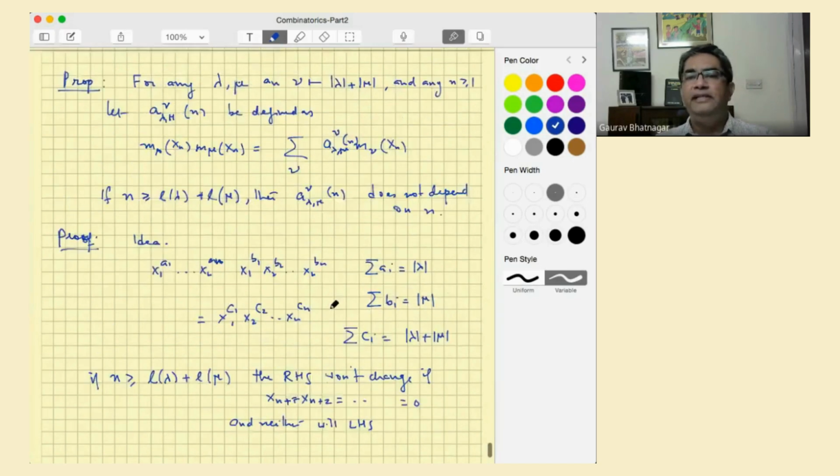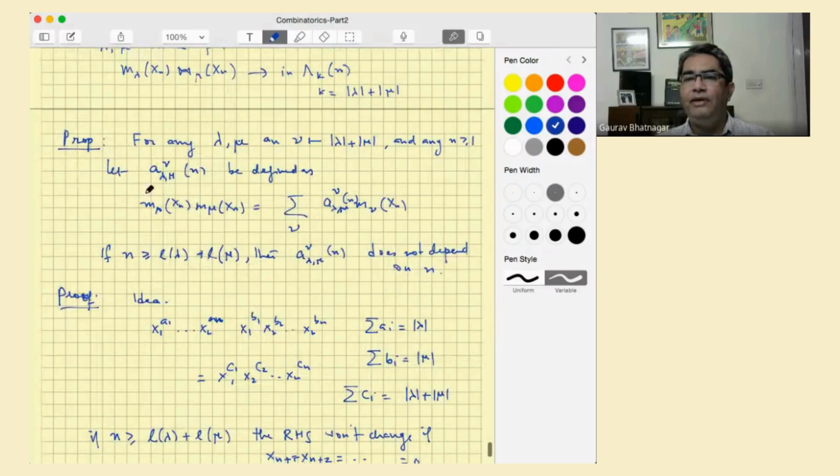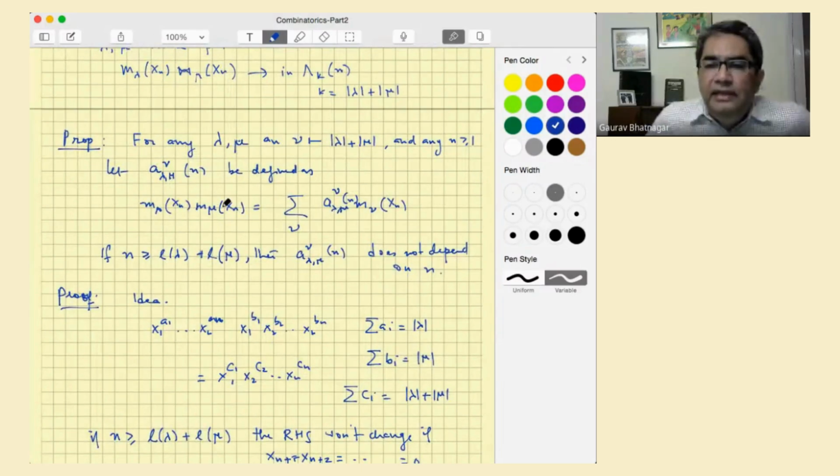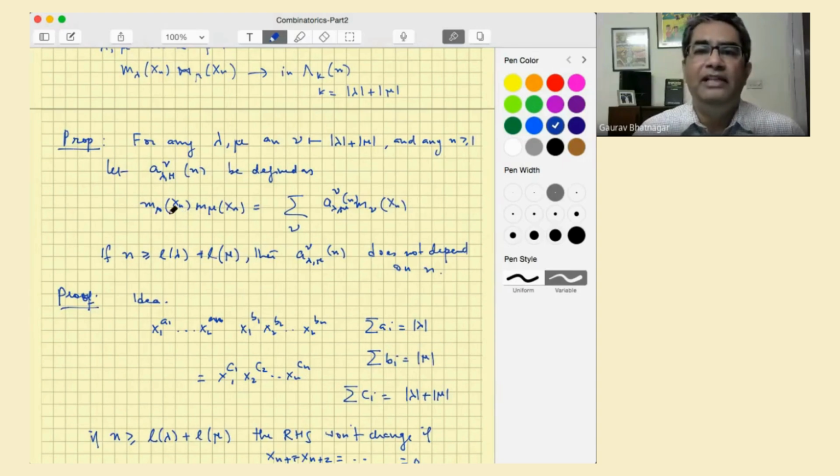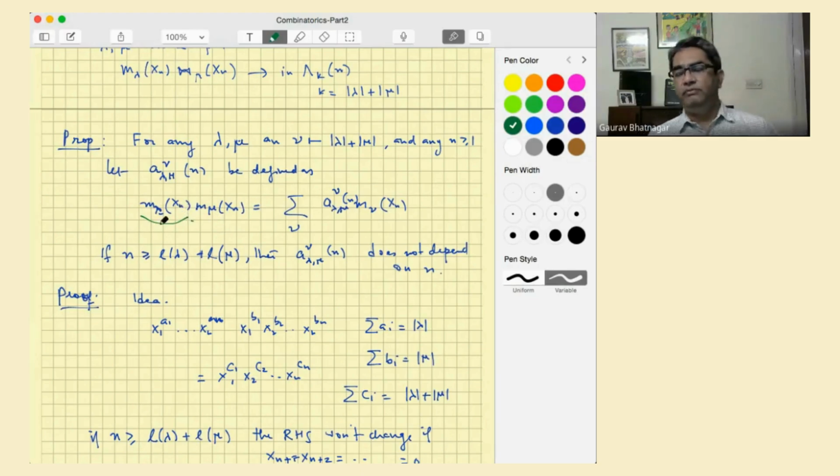So the point is that when you are multiplying over here, it's the length of mu or length of lambda which matters in just this one, and the number of variables should be more than that. Here, the number of variables should be more than the length of mu. But if you're considering the product, then n should be more than the combined length. Then it doesn't matter.